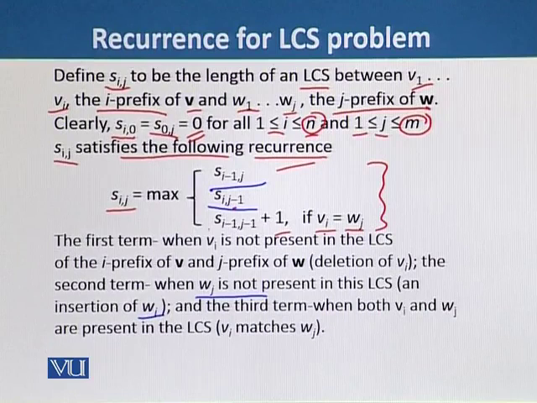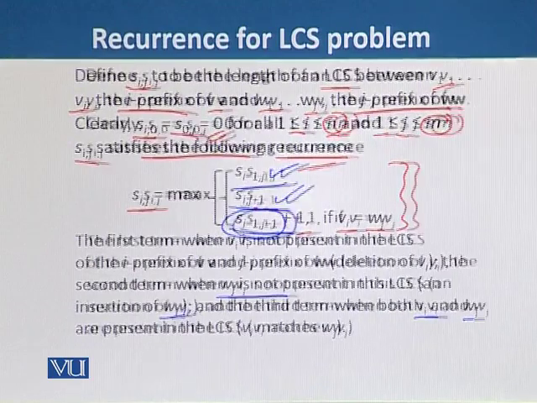The third representation is when both Vi and Wj are present in the LCS. In the first case the alphabet is missing from the V string, in the second the alphabet is missing from the W string, and this equation applies when the alphabets are identical at a particular position in both the V and W strings.